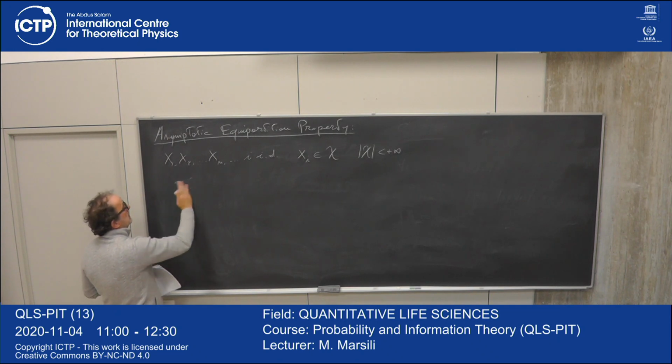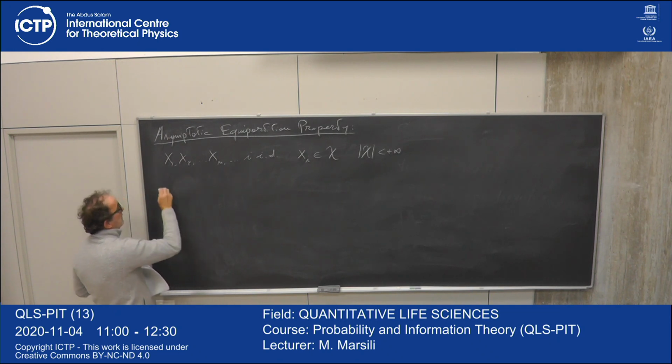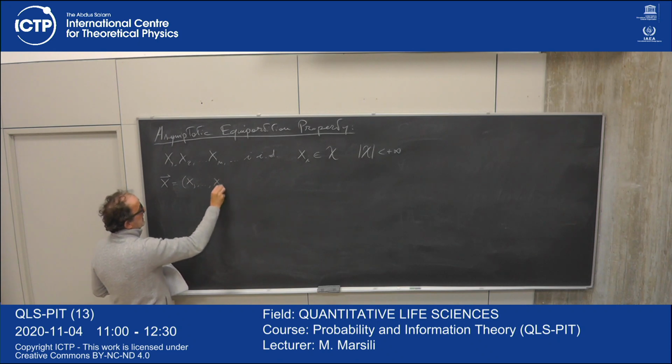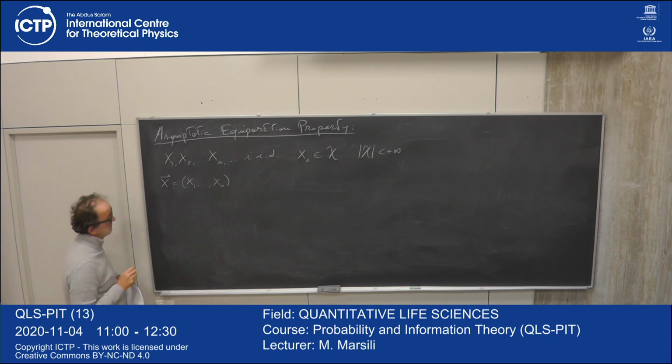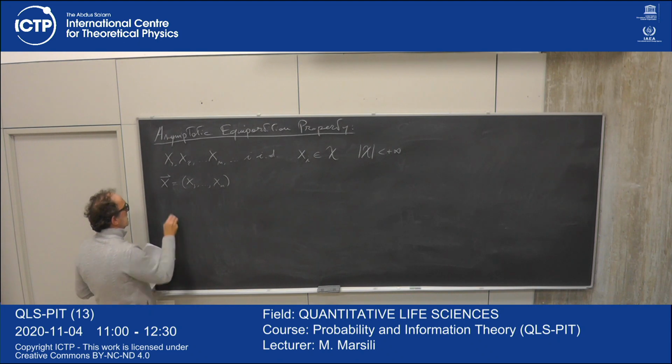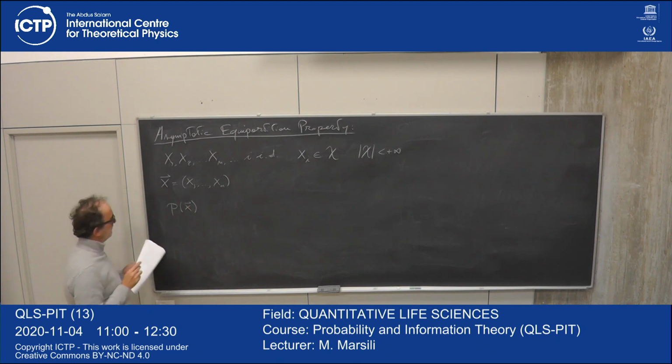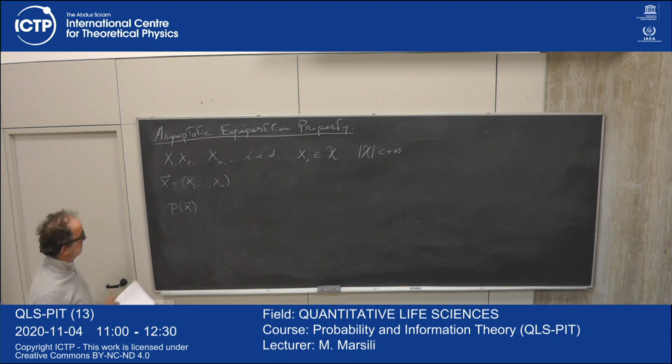let's consider a sequence of n elements. Let me call it x, with a vector for simplicity. So this is the sequence of the first n elements. And let us consider what is the probability of this sequence.